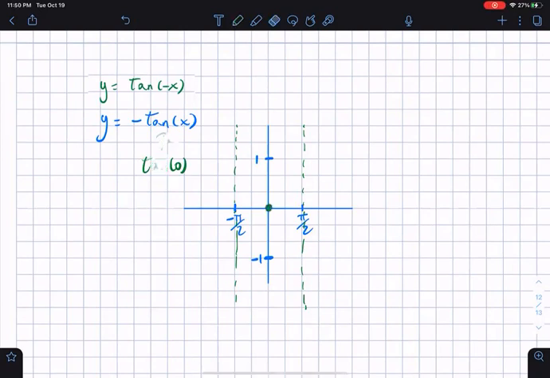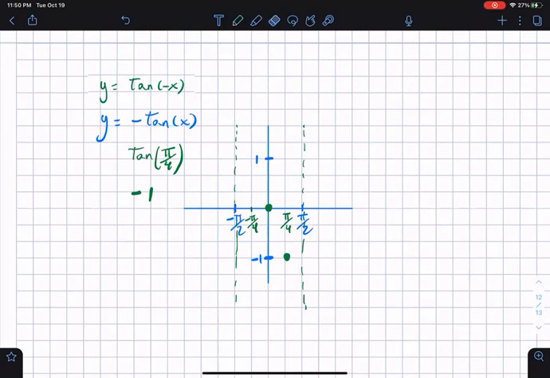Now let's put something in between. If you put pi over 4 here and negative pi over 4 here, you know that tangent pi over 4 is equal to 1, because this is the same as 45 degrees. That's 1, but in reality, because of the reflection, it's going to be -1. So you're going to be here.